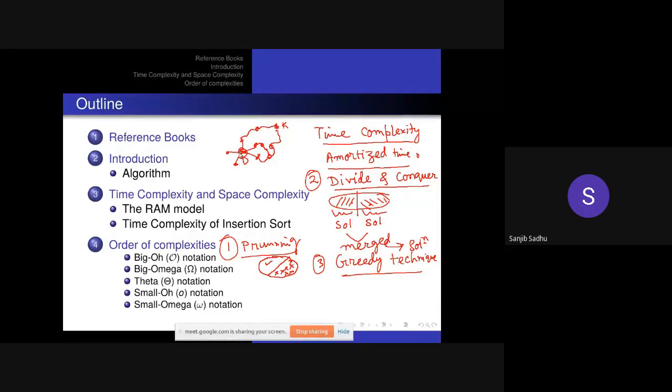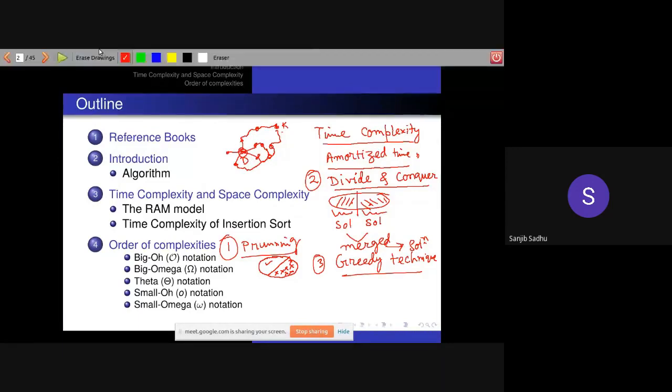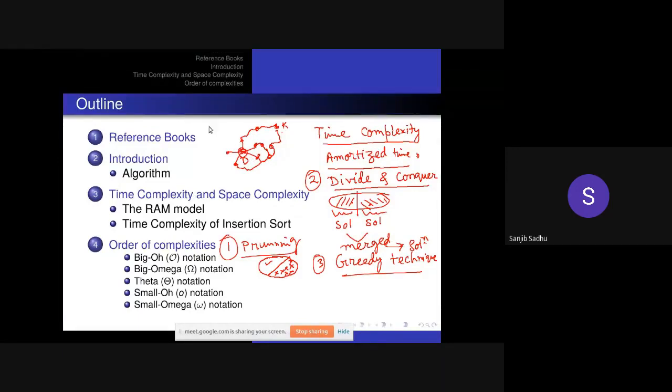So you are here and you do not know the final distance between Durgapur and Kolkata. Only the local information is known to you, that is, what this distance is, what this distance is, or how much time it takes to go to the next stop.